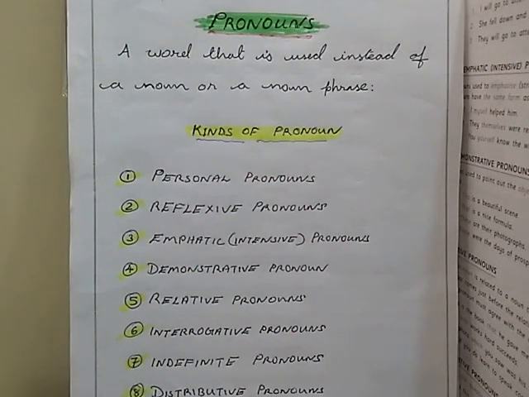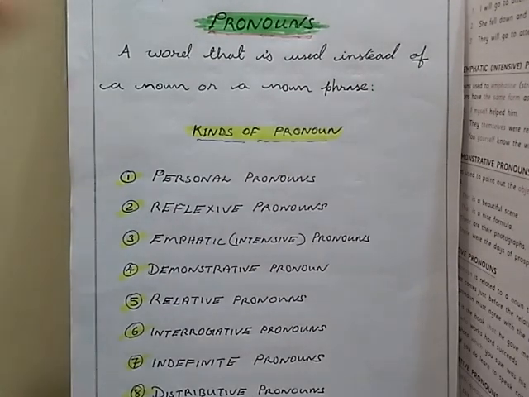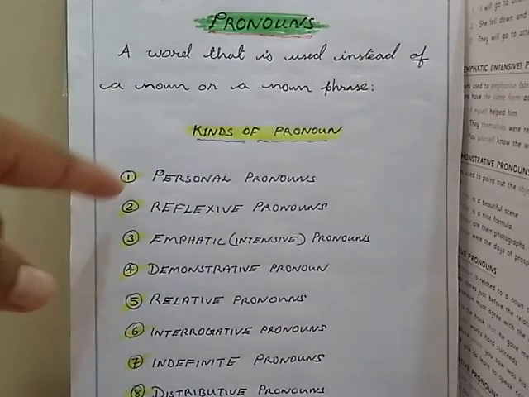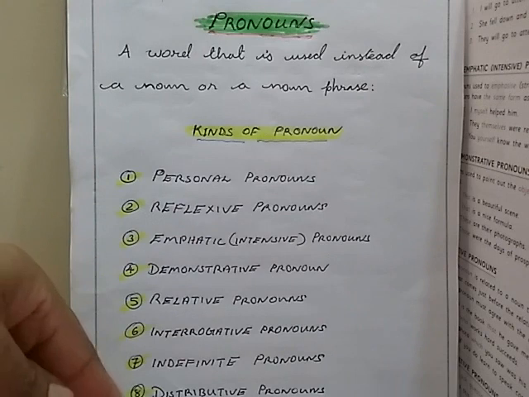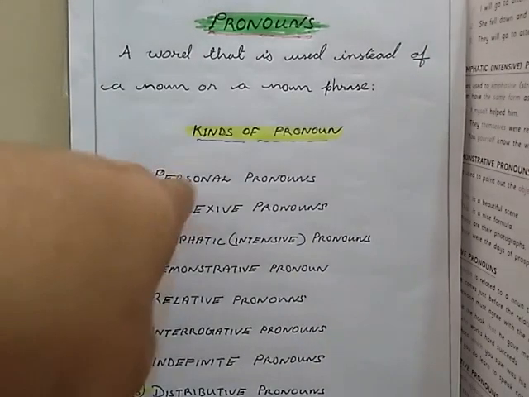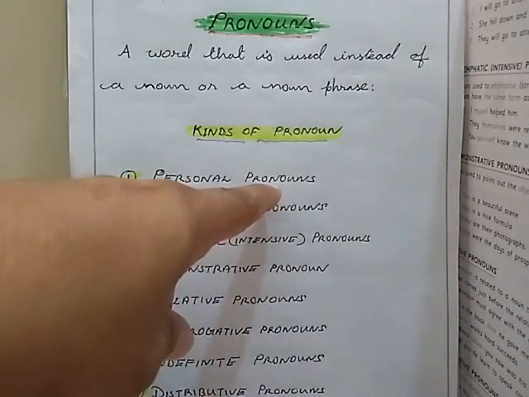I hope this much is enough for today. We have seen only one kind of pronoun, that is personal pronoun. There are 8 kinds of pronouns given in the text, and out of that we have seen the first one, personal pronoun.